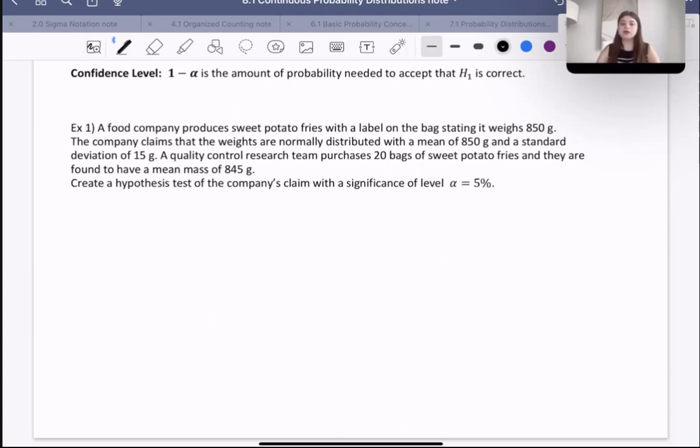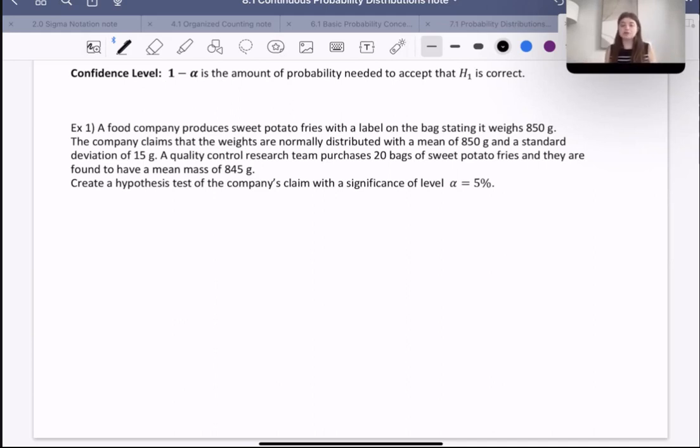A quality control research team purchases 20 bags of sweet potato fries, and they are found to have a mean mass of 845 grams. Create a hypothesis test of the company's claim with a significance level of alpha equal to 5%. Okay, so let's go ahead and do that.